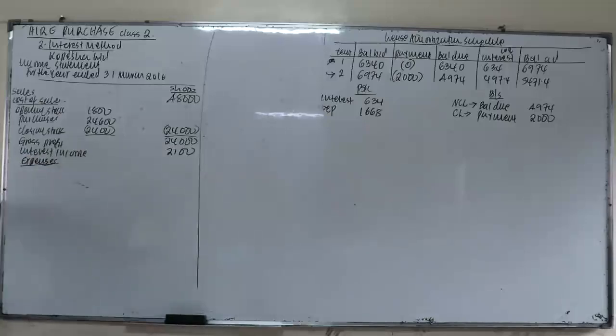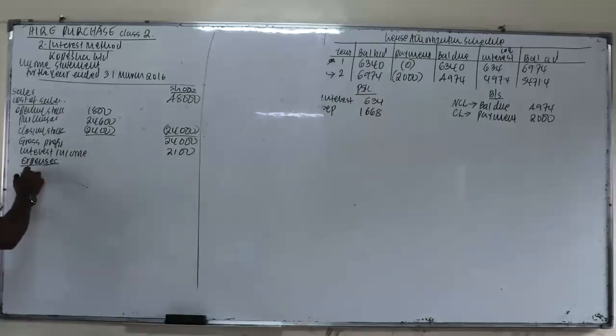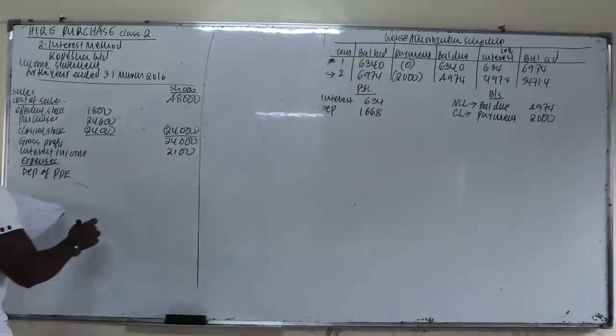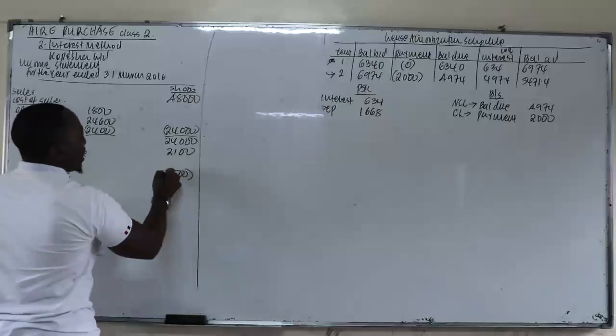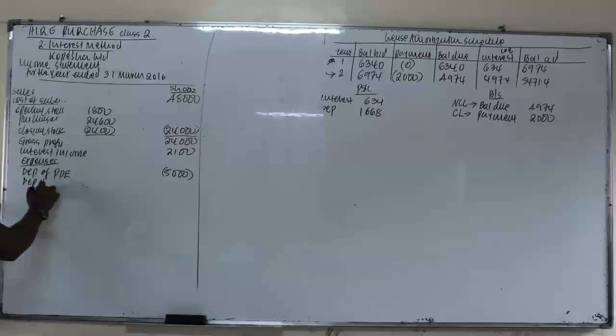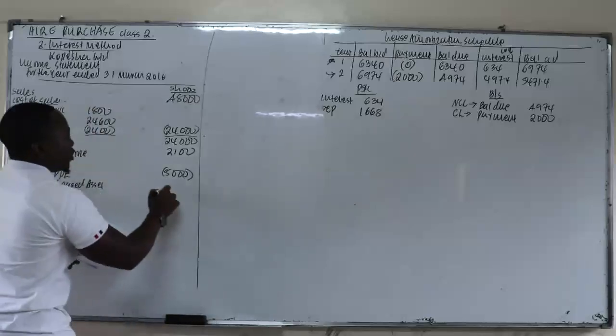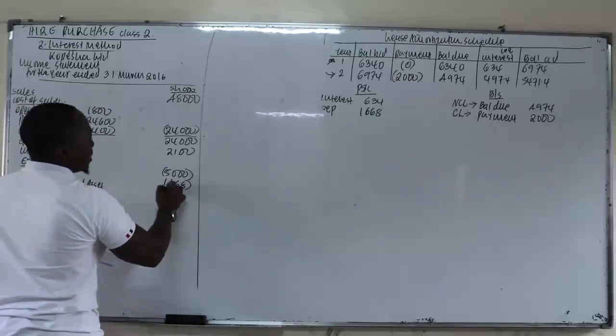Now, for the expenses, note number 2. PPE should be depreciated at 5 million for the year ended 1st of March 2015. We have depreciation of PPE, which was an amount of 5 million. Then you also factor in the depreciation of a leased asset, and the amount of depreciation per annum was 1,668.